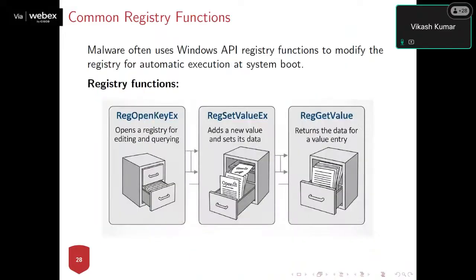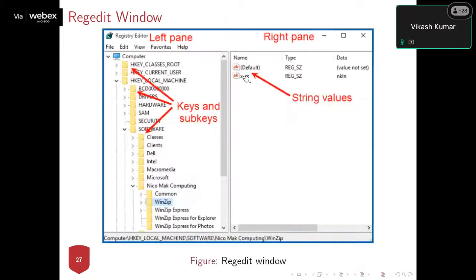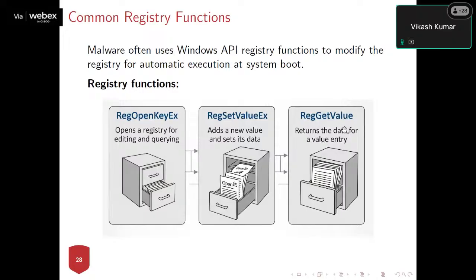Then the common registry functions are basically these three: RegOpenKey, RegSetValue, and RegGetValue. In static analysis, if you find something like this, you can get to know that some registry key is being opened, and the values, name, type, and data, are being updated, or it may be read.